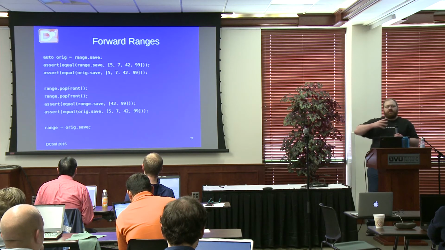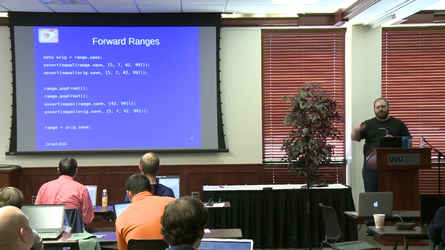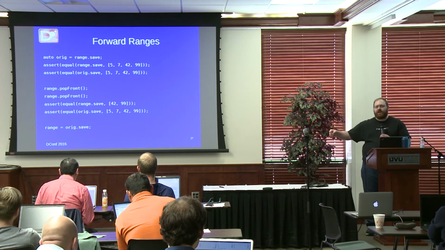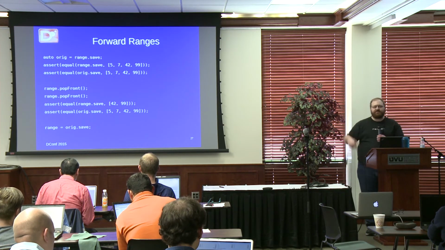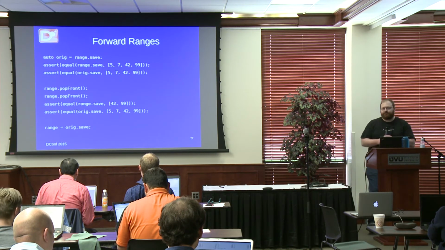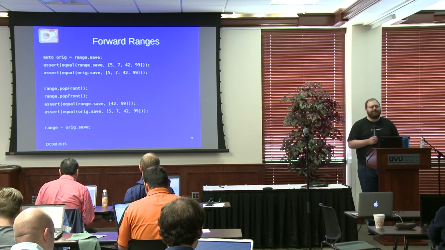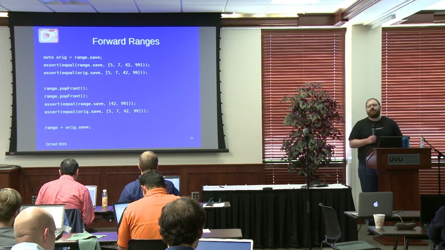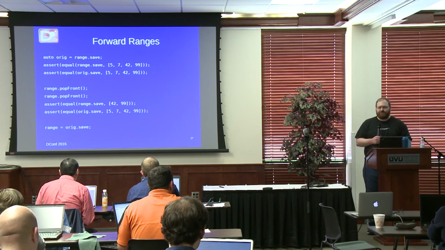So if you're iterating through and you need to be able to back up, you need to save that range and then do whatever you're going to do, and then take the saved one and reassign it over to the one you're actually iterating through, since you can't tell it to back up. And this is only going to work on types for which isForwardRange is true, because they have to have save.